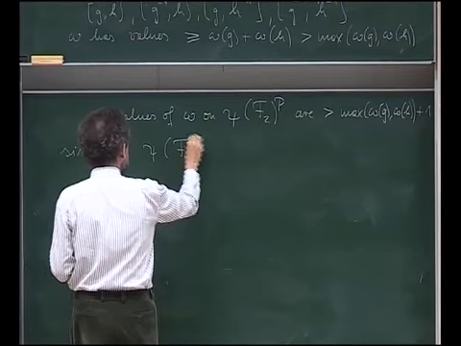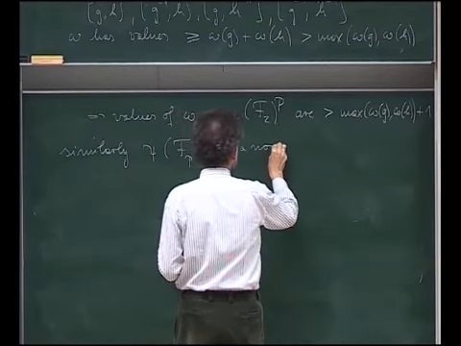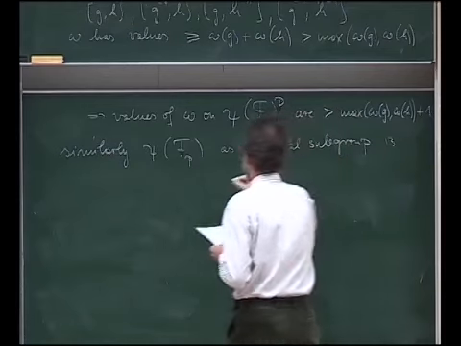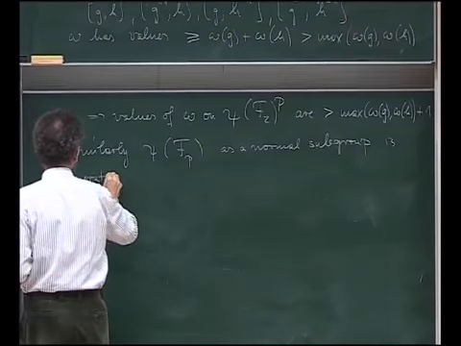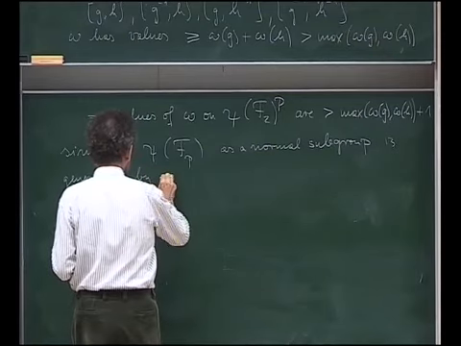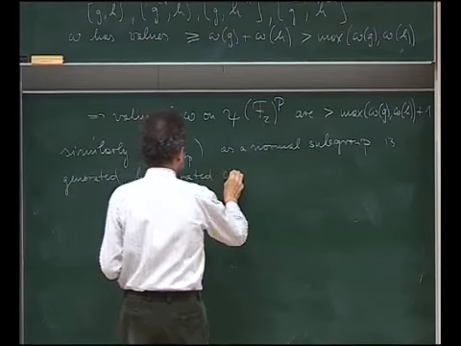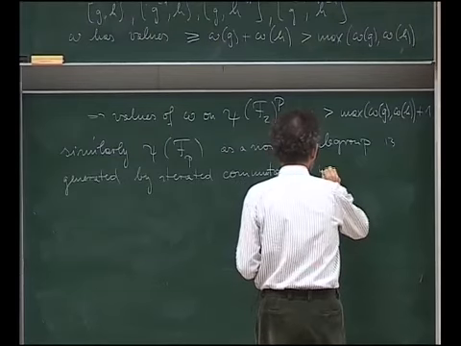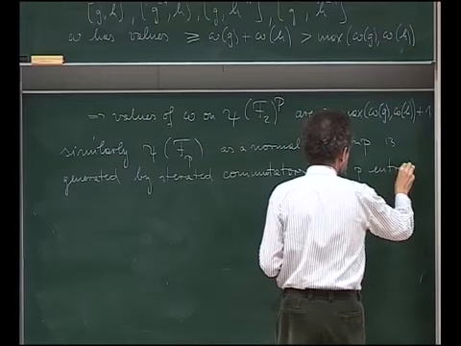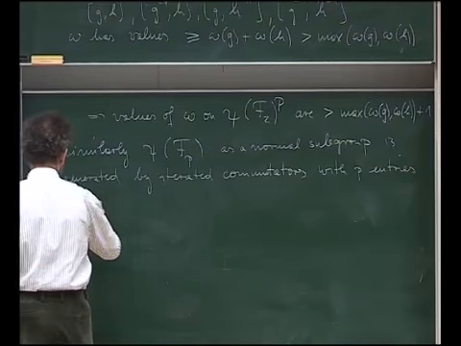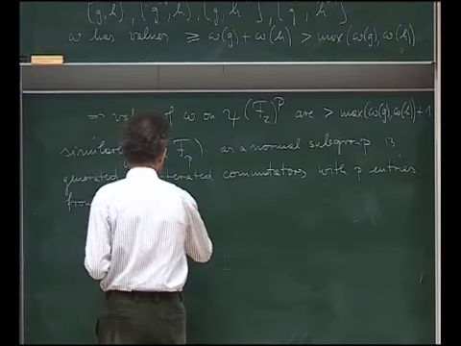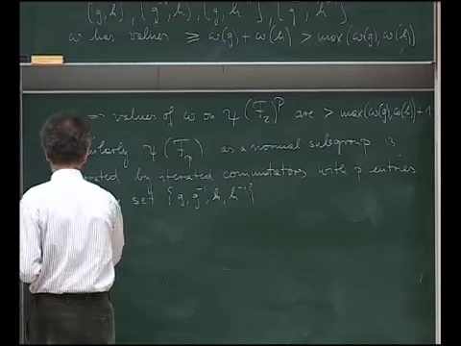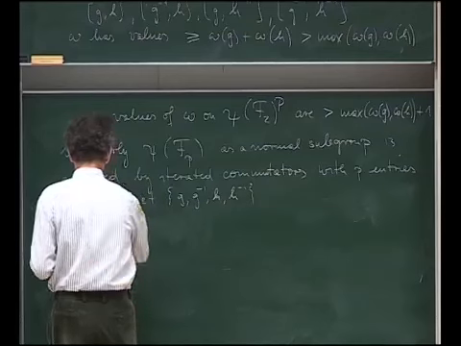Now the other factor. So similarly, psi of Fp is a normal subgroup generated by iterated commutators, let me say with p entries from the set G, H, G inverse, H inverse.